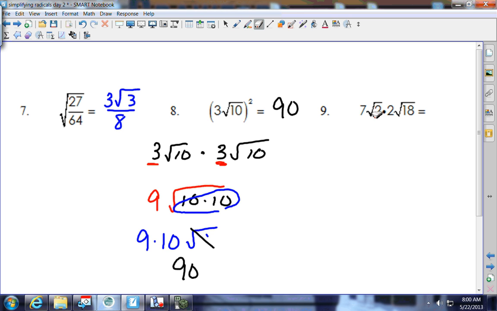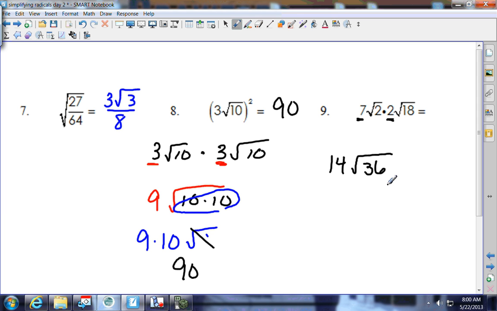When you are multiplying, you are combining these two things together. One thing you can do is on the things on the outside. What is 2 times 7? 14. Square root. 2 times 18? 36. See, I found the shortcut.